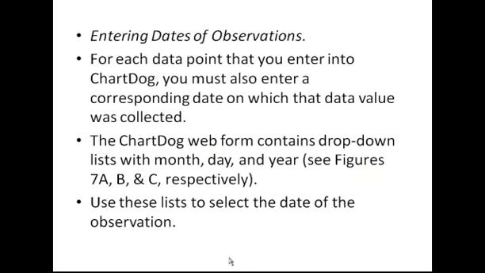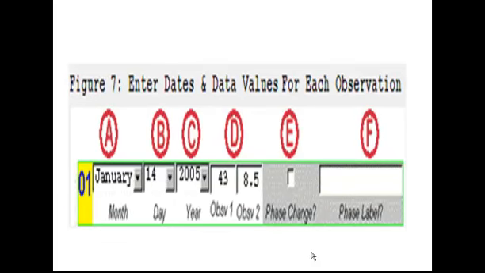Now, right here is an example. Whoops. Let's get back to the right page. There we are. So right here you can see the day, the month, day, and year, and what kinds of observations you're getting. You don't have to have decimals in there.